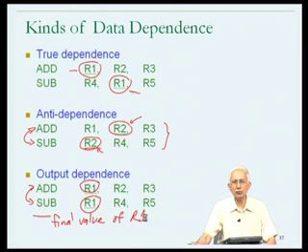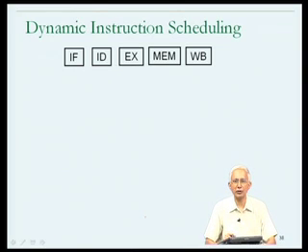Now, when it comes to hardware to do the reordering of instructions, we are still talking about a pipeline processor, but I will generalize the capabilities of the processor to give you a better perspective on what pipeline processors today might actually look like. In the kind of pipelining that we were discussing up to now, we talked about 5 pipeline stages: instruction fetch, instruction decode, execute, memory, and write back.